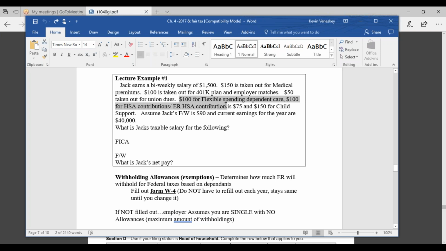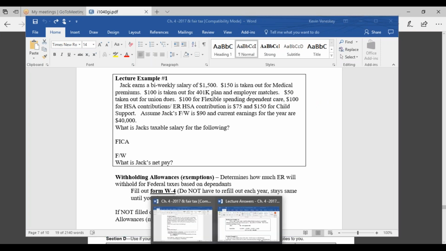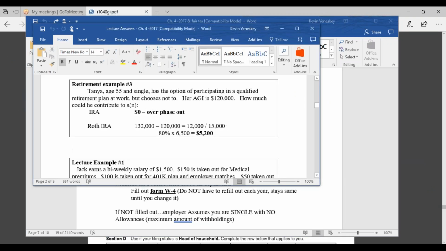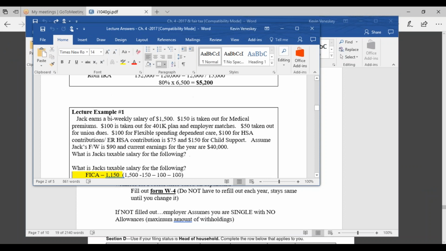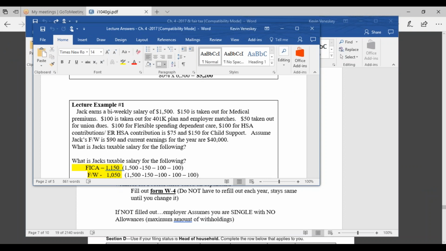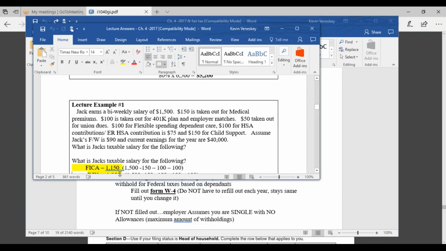It doesn't matter what the employer contributes, that's extra information. And $150 gets deducted for child support. We can't do anything with that though. So for FICA purposes, at least we're not being taxed on the full $1,150. We get to subtract out the medical premiums, the dependent daycare for flexible spending, and then the HSA.